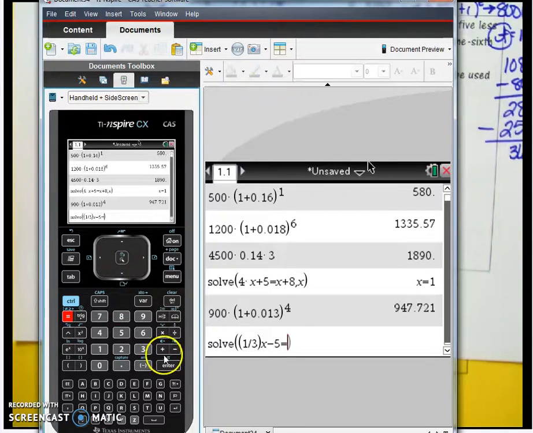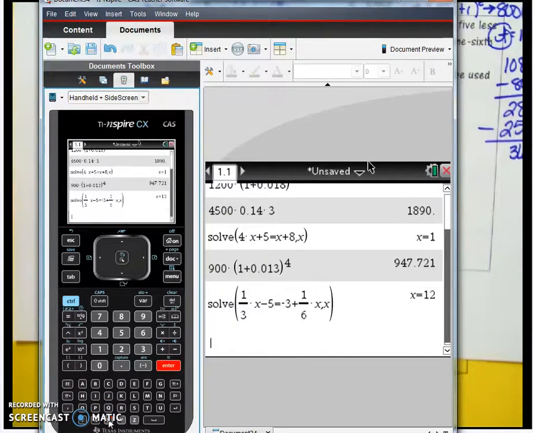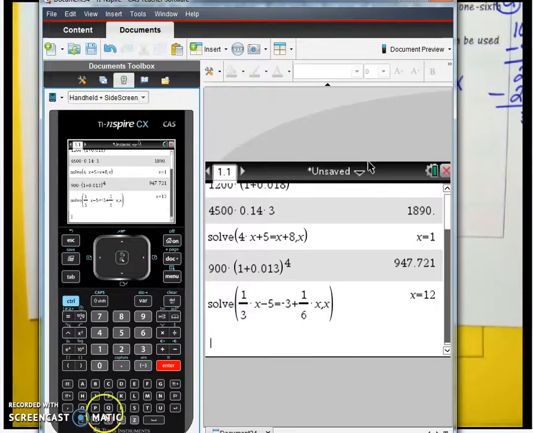This equals a negative 3 plus, again I've got a fraction so I open parentheses, 1 divided by 6 for a sixth, and then times x. And again remember your comma x. And you get x equals 12.